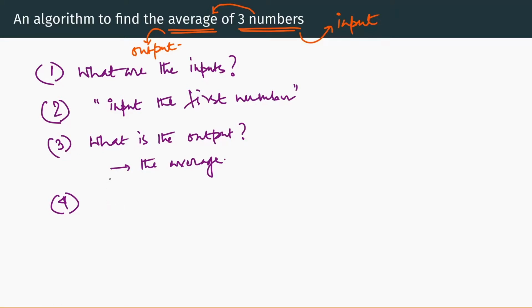The operations that the computer knows are: number one, taking a single input from the user.